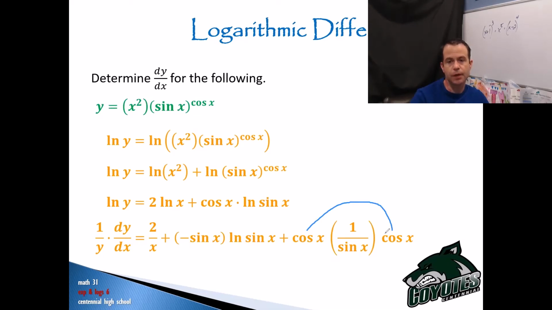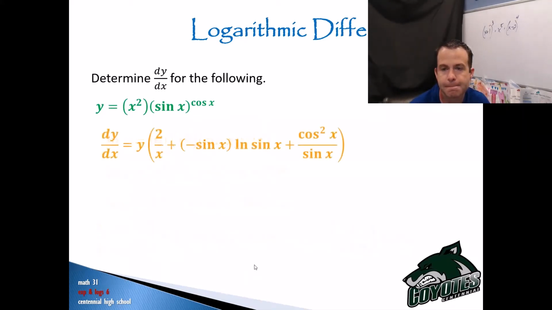Okay. And then I am going to start approaching a common denominator here. So all I've done so far is I multiplied both sides by y, and I just multiplied those cos together. Okay. So if I wanted this to have a common denominator, my common denominator would be over sine x right now.